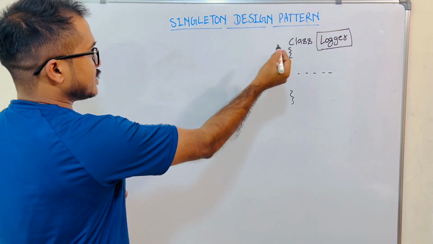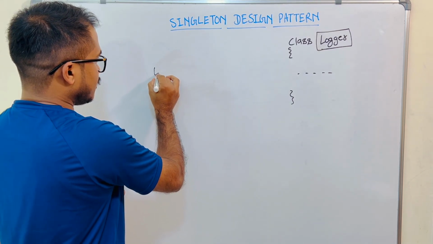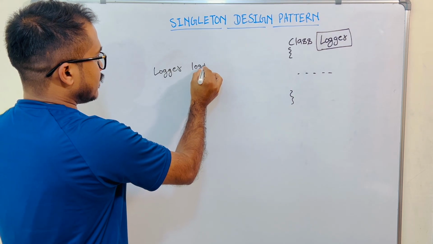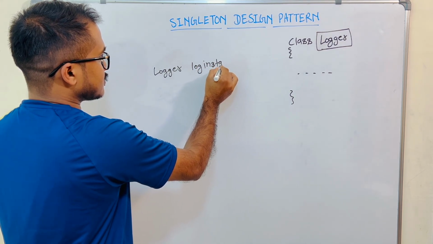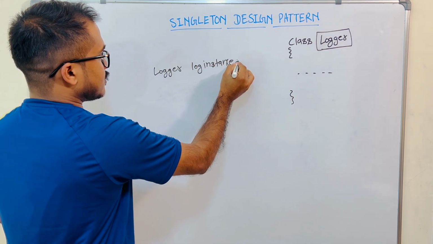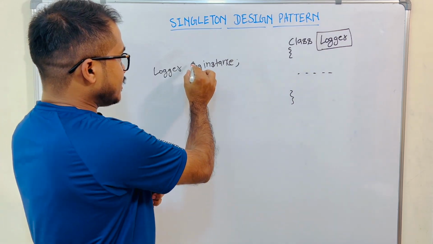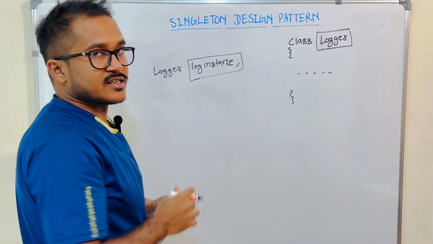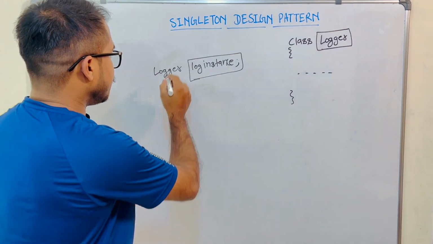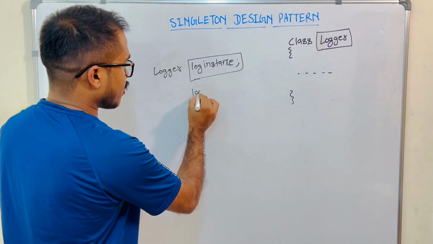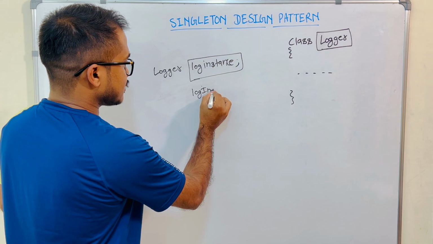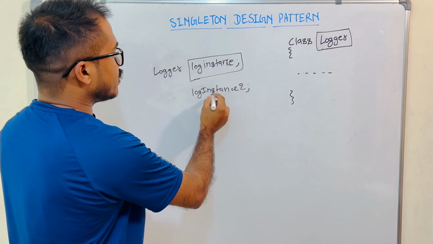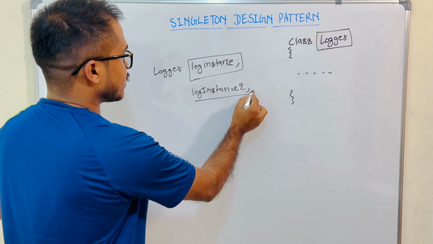So let's say you create the instance of this logger, log instance, then everything should get logged using this particular instance only. There should not be another instance, log instance 2, with which you try to log something.